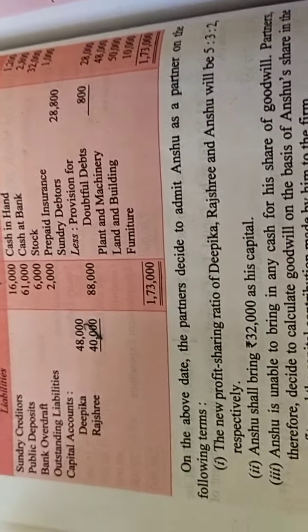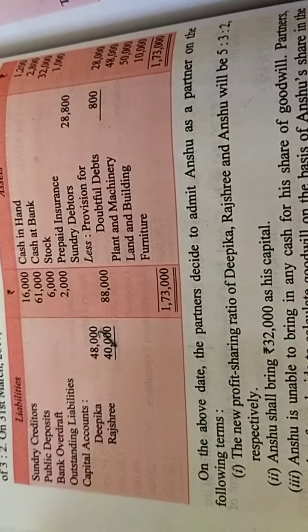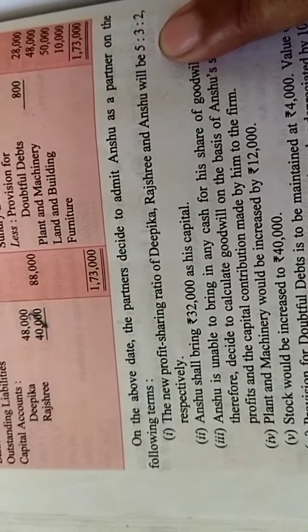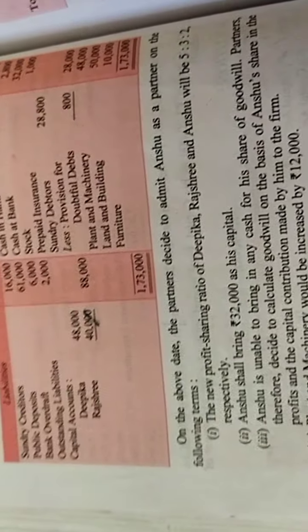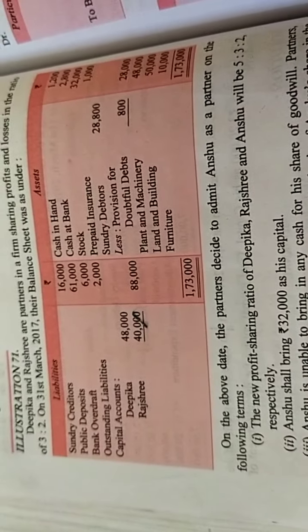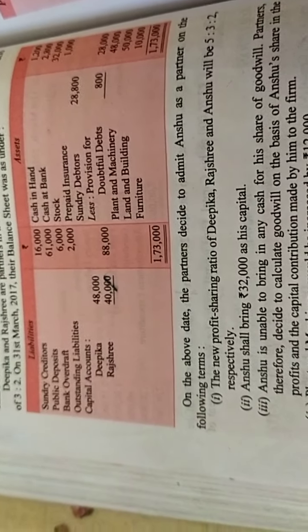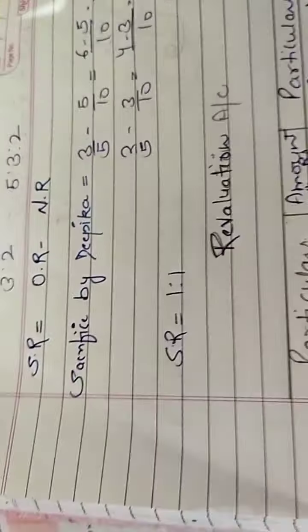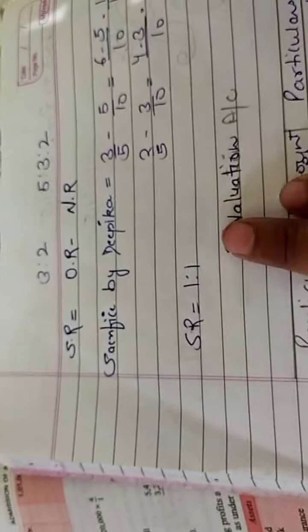The new profit sharing ratio given is 5:3:2. So the old ratio is 3:2 and the new ratio is 5:3:2. By this we can easily calculate the sacrificing ratio by using the formula old ratio minus new ratio. See, here I have already calculated the sacrificing ratio using the formula.